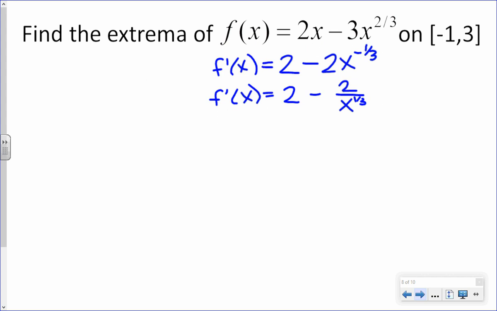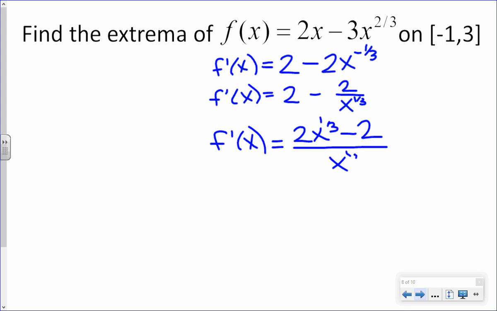Now, since one is a fraction and one is not, we need to squish these two together. So if we create common denominators, we would have 2x to the 1/3 minus 2 all over x to the 1/3.